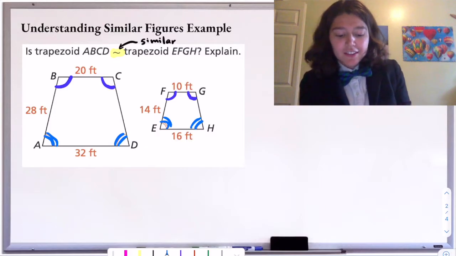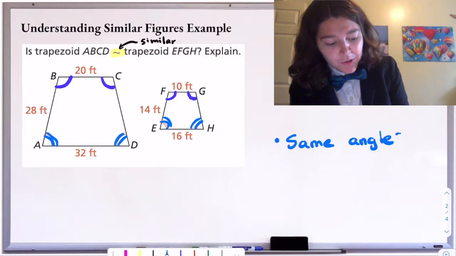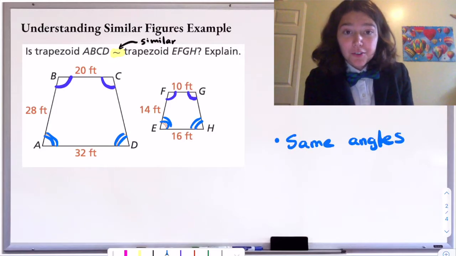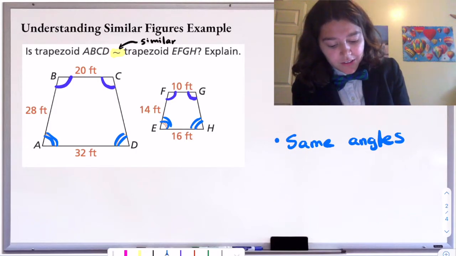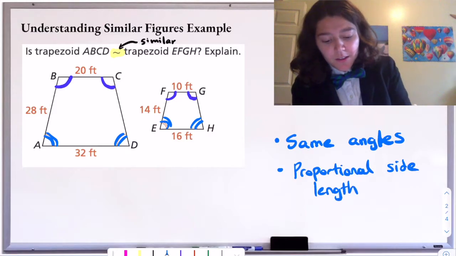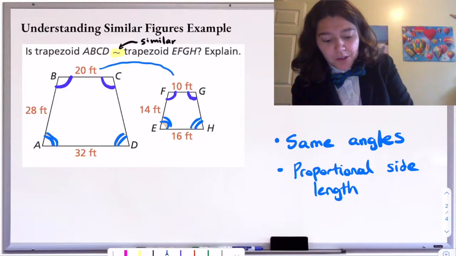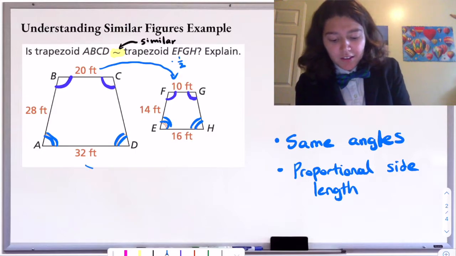So when I look at this, I see, yeah, these have the same angles, right? Corresponding angles have the same measure. I can also tell that there are proportional side lengths, really just meaning that I can find a scale factor to get from one to the other. So 20 times 1/2, or divided by 2, gives me 10.